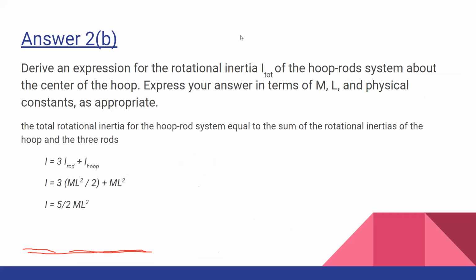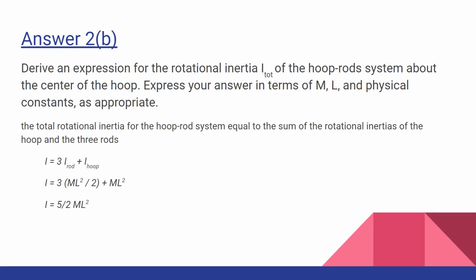For rotational inertia, if you have a composite with components, you can just sum them up. You have 3 components of rod and 1 component of hoop, so I would add those up. From part A, we had already demonstrated that the rotational inertia of each rod is ml squared over 2. So you can multiply by 3 and add it to the rotational inertia of a hoop, for which we do have a formula: ml squared.